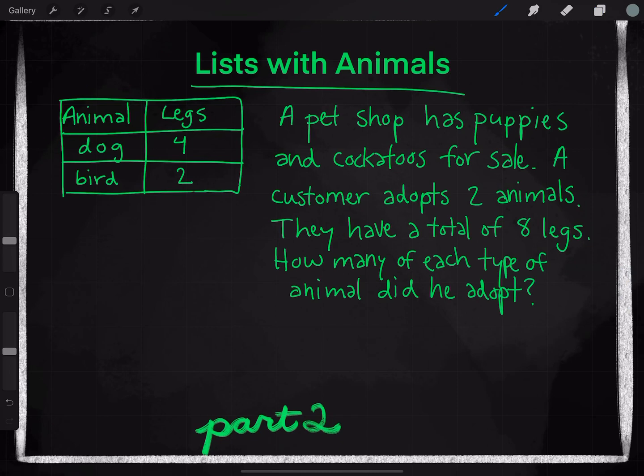So the second page in your jump book is all about animals and how many legs they have, which is kind of a crazy example of using charts, but you definitely can use charts to find this. First, it'll remind you that a dog has 4 legs and a bird has 2 legs. So every puppy has 4 legs, and every cockatoo, which is a bird, has 2 legs.